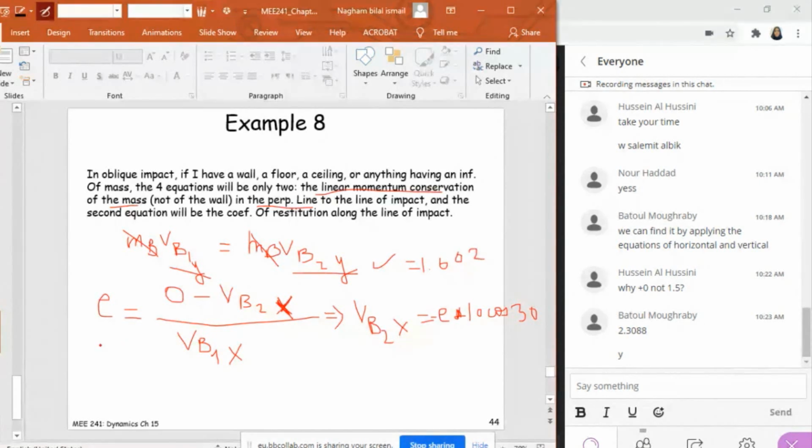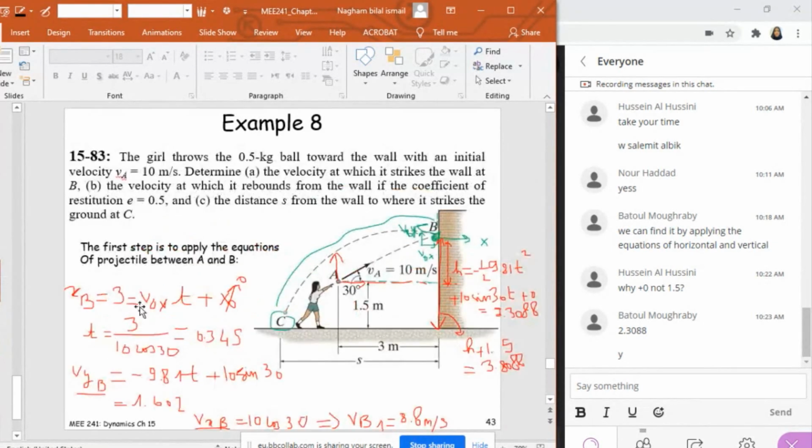All right. So now I know the components of VB2, VB2Y and VB2X. Of course, you can find VB2 in magnitude. You can also find the angle of rebounding, all right? Because I know that tan phi is VB2Y over VB2X. Okay. So now, guys, that I know this rebounding equation, I can now start to find the coordinates of C. Why?